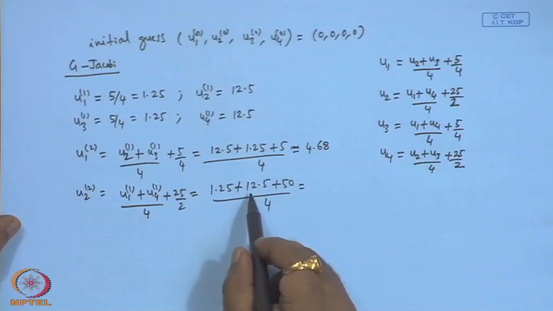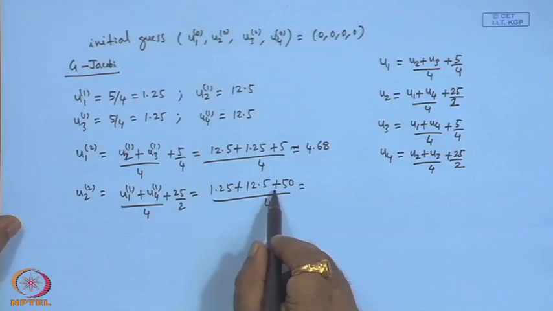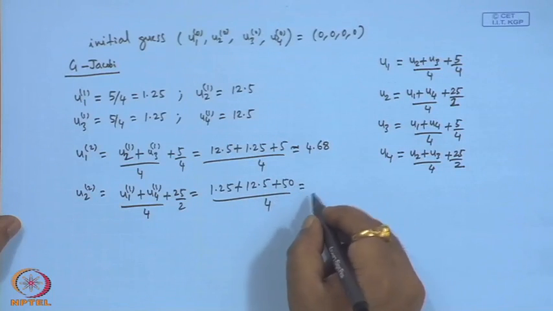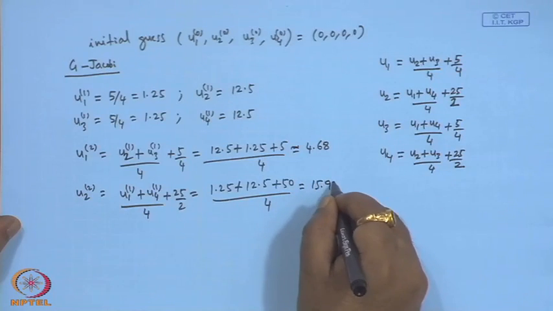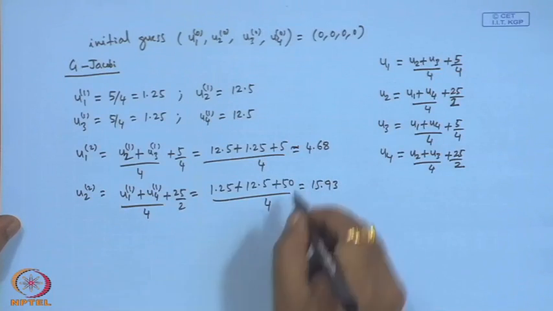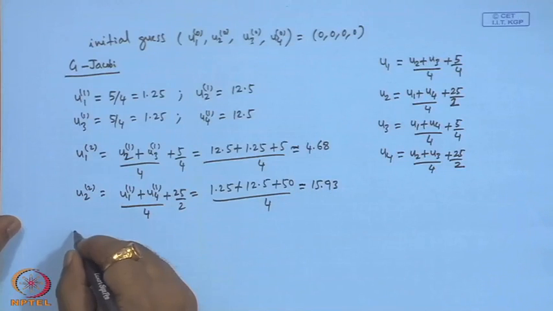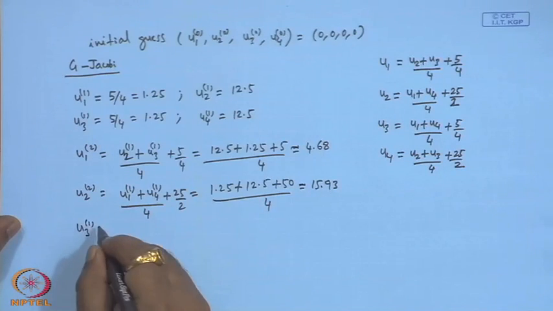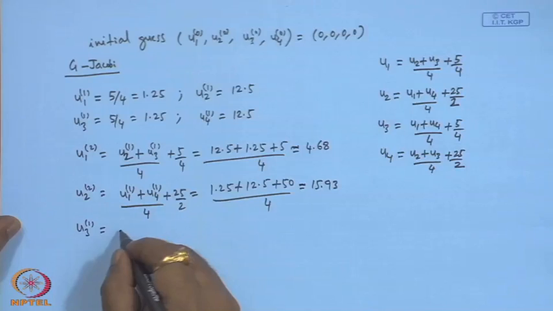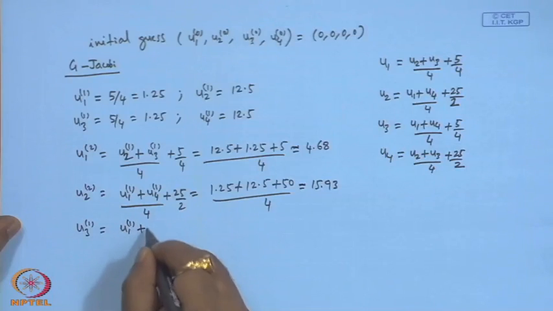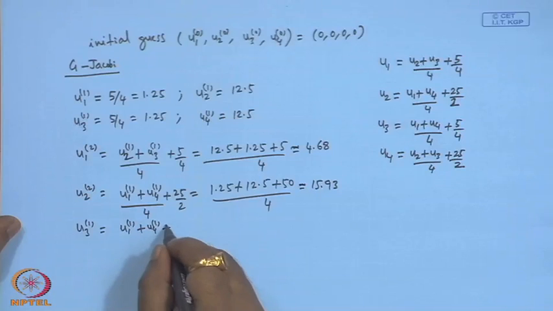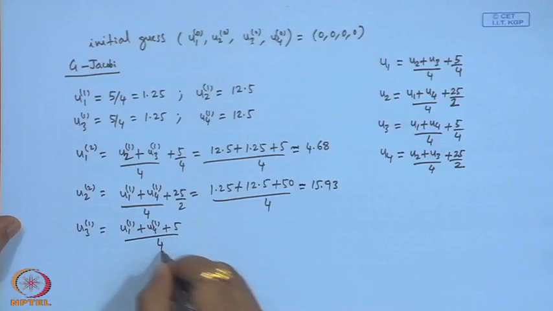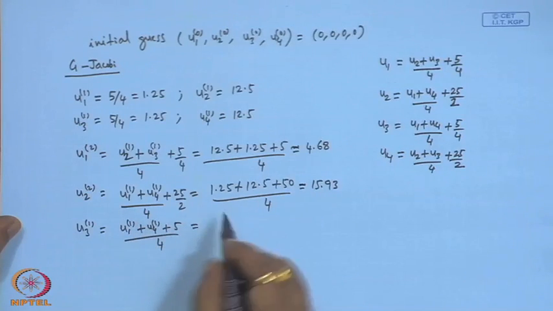So, this will be 63.75 by 4. Okay. Then u 3 1, so u 1 u 4. So, the same.